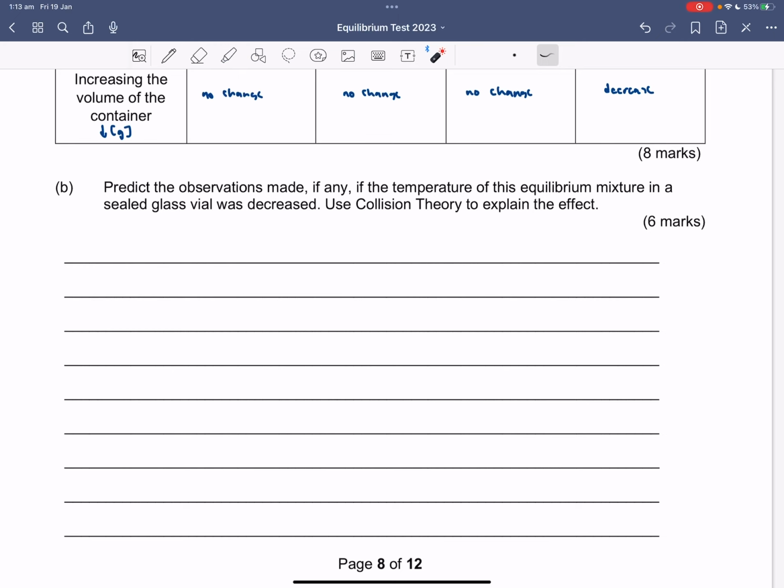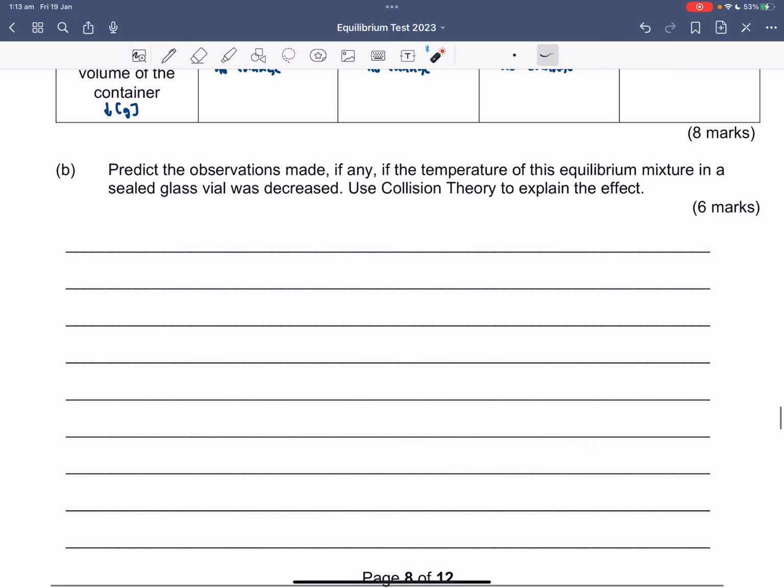All right, predict the observation made, if any, if the temperature was decreased. Okay, and it says use collision theory, and it's worth 6 marks. So what we can explain, again, I'm just going to use short words. In the test, you probably have to use sentences.